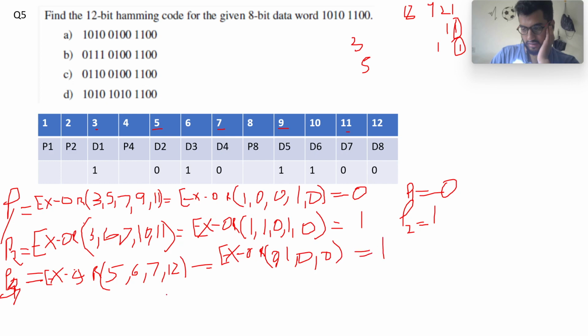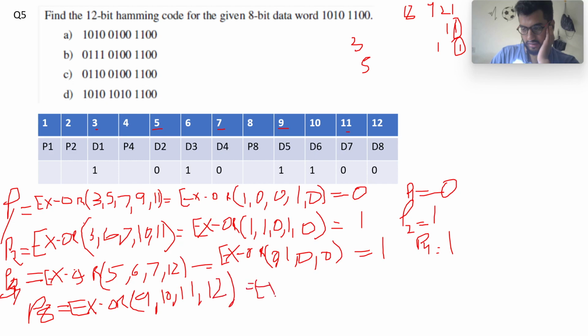So that is 1. So P4 is 1. Now P8 is the XOR of 9, 10, 11, 12. That is the XOR of 1, 1, 0, 0, and that is 0. So my P8 is 0.